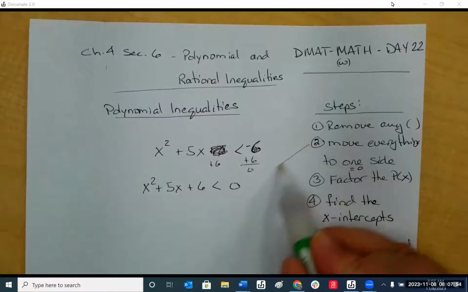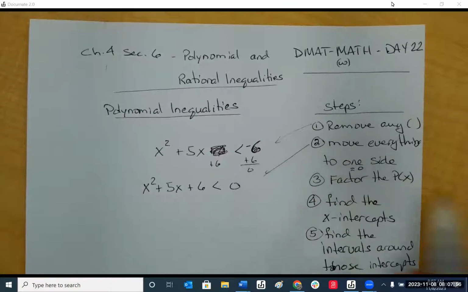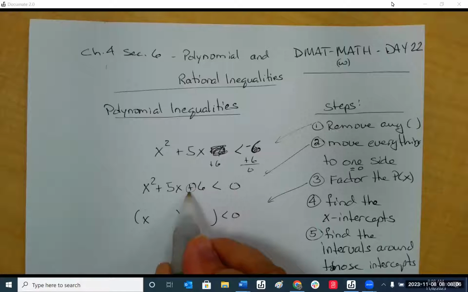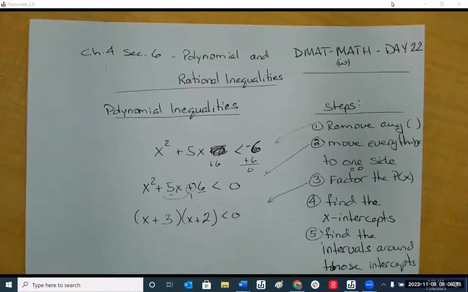That's step 2. Factor if possible. So we've got x, x. They're both the same, they're both plus. What times what is 6? When you add them, you get 5. 3 and 2.